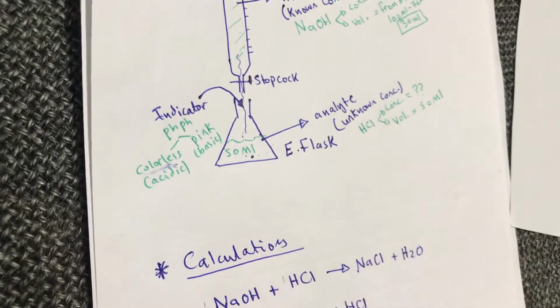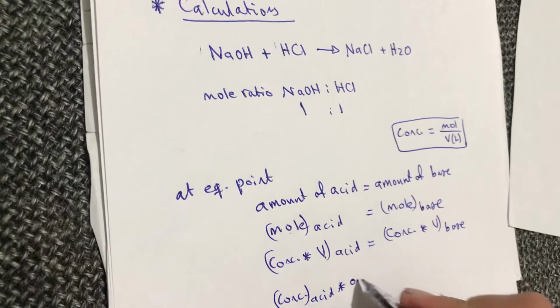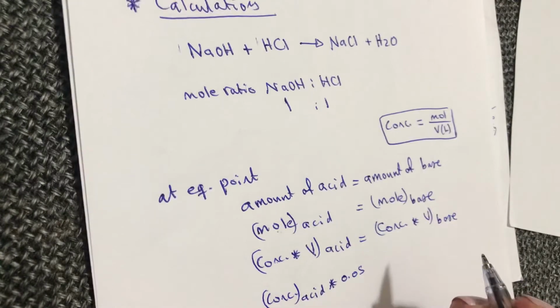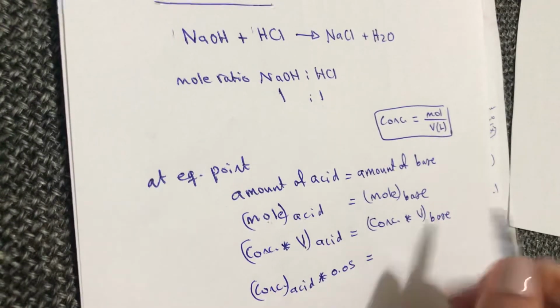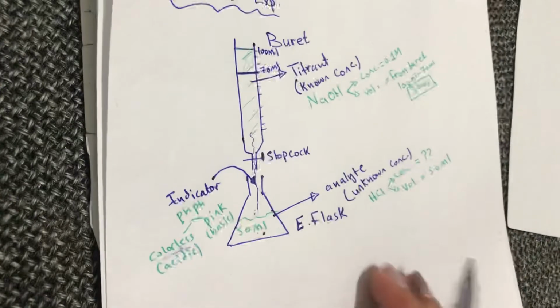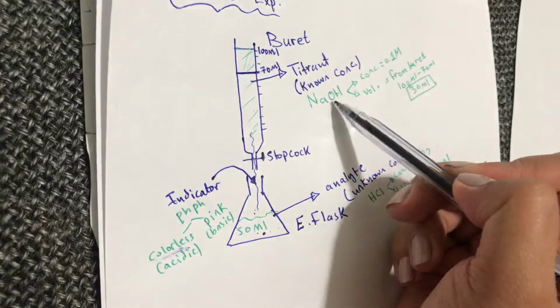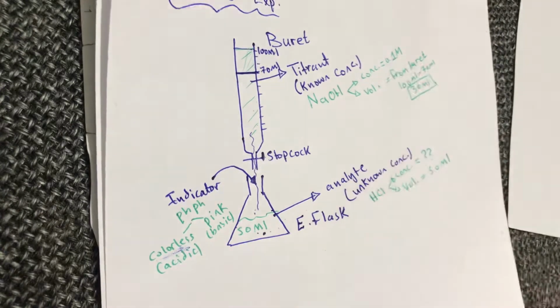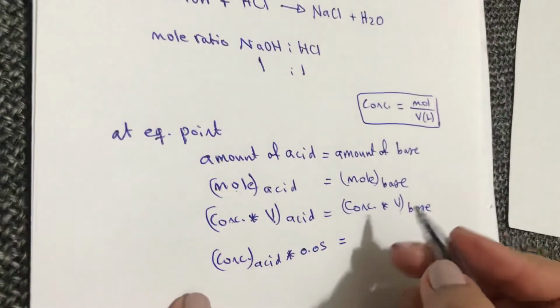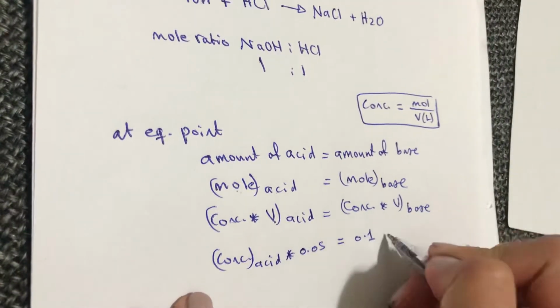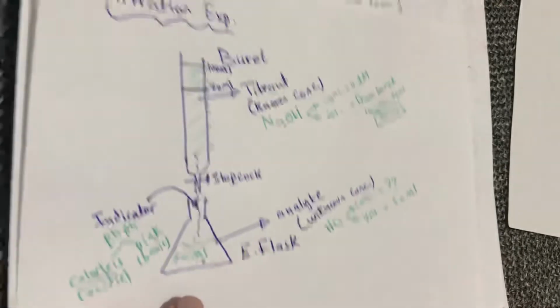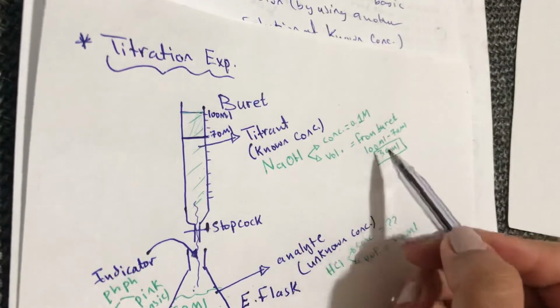You have to convert it to liters, so 0.05 equals the concentration of sodium hydroxide, for example 0.1 molar, so 0.1 times the volume of sodium hydroxide.